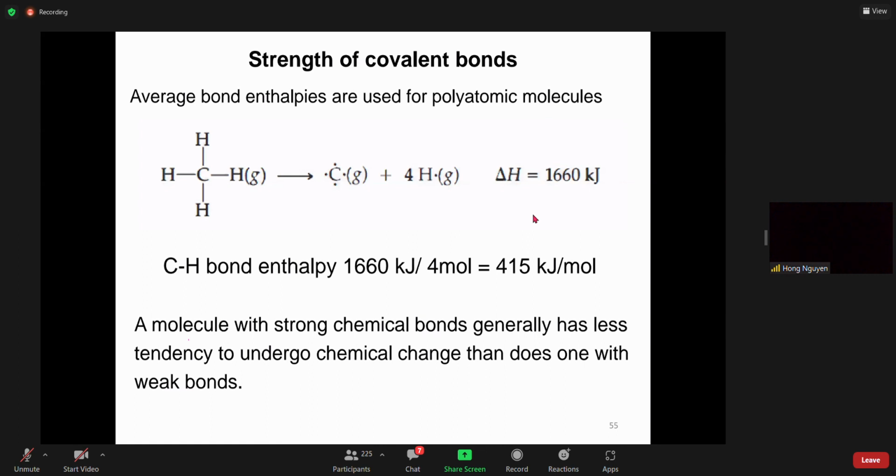Let's take the case of CH4. You have 4 covalent bonds, C-H, totally identical. So you take the average.